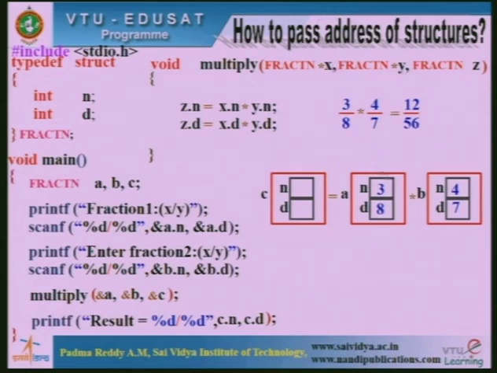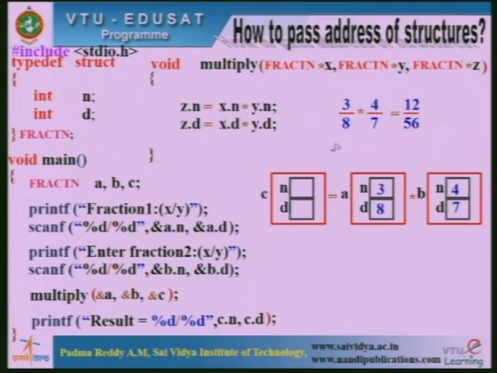So x contains address of A, y contains address of B. Next, address of C is copied into Z. So Z also contains address, so Z should be declared as a pointer. Tell me how you declare Z as a pointer? You prefix a star here. The moment you prefix a star, Z becomes a pointer. That means Z contains address of C here.